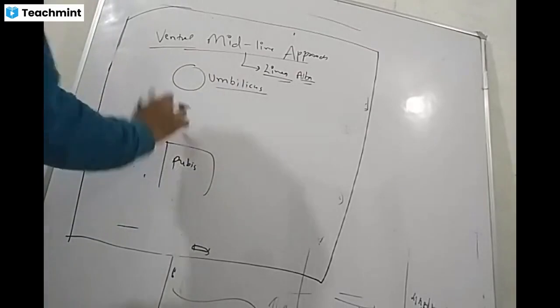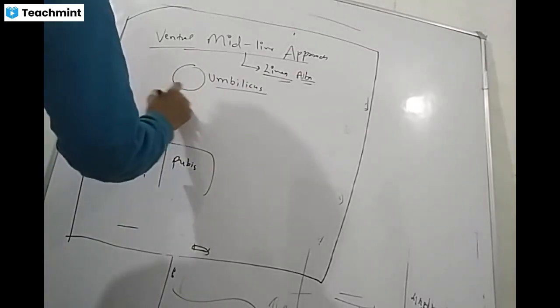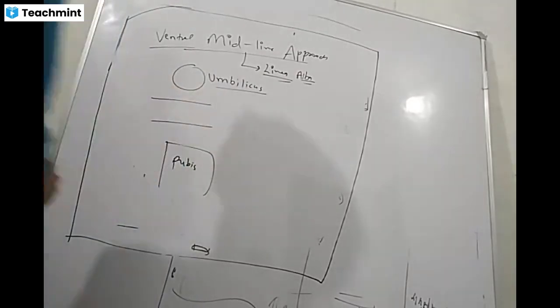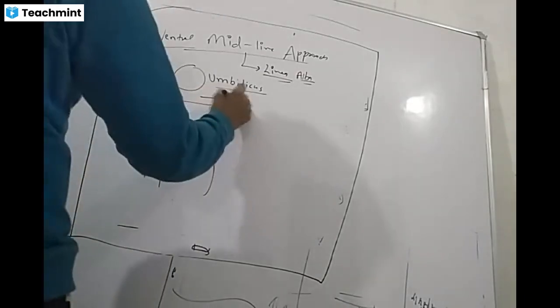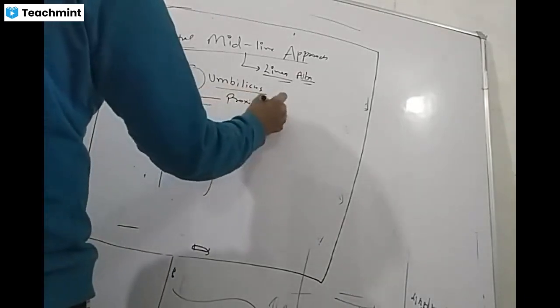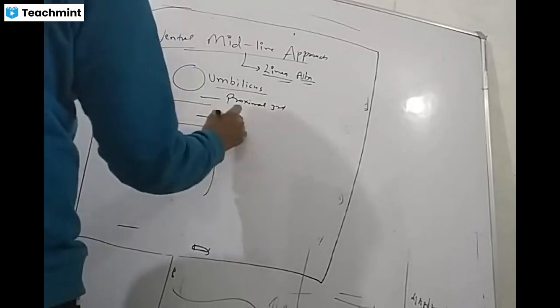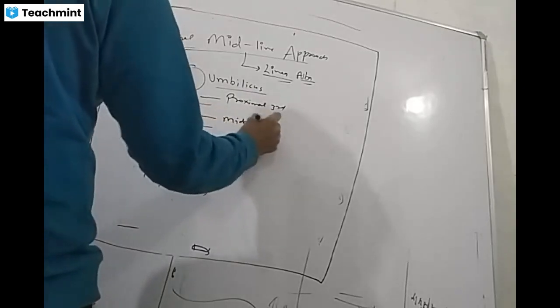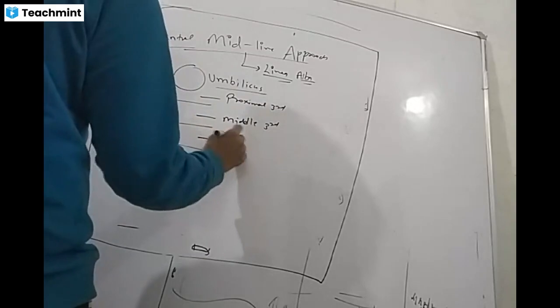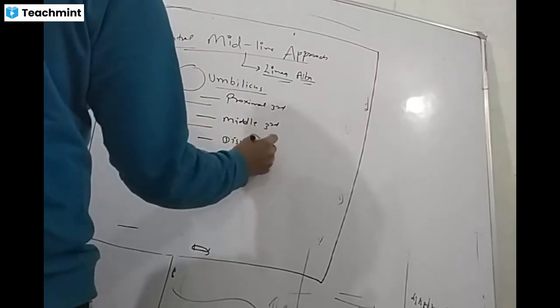This area we divide into three parts: 1, 2, and 3. This is called the proximal third, this is the middle third, and this is the distal third.